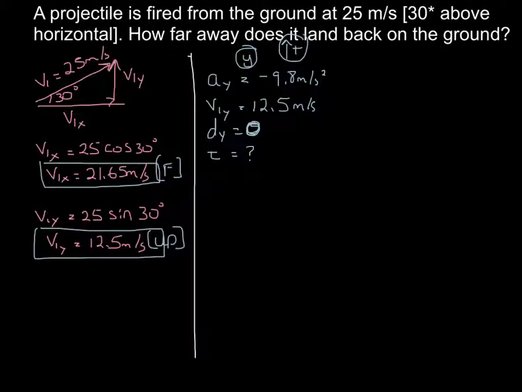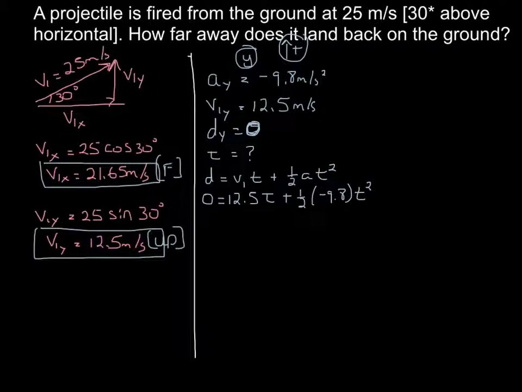I'm going to look through my equation sheet and find a formula that has acceleration, v1, d and t in it, and it is this guy here, d equals v1t plus 1/2 at squared. That's the best friend equation, affectionately called the best friend equation. We know displacement is 0. We know v1 is 12.5 times t plus 1/2 times negative 9.8 t squared.